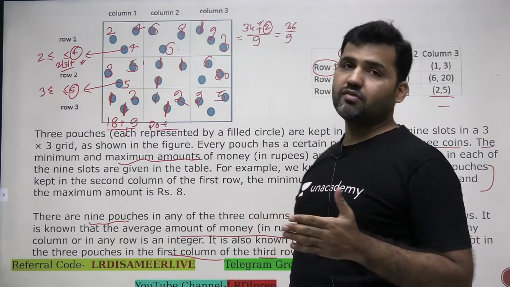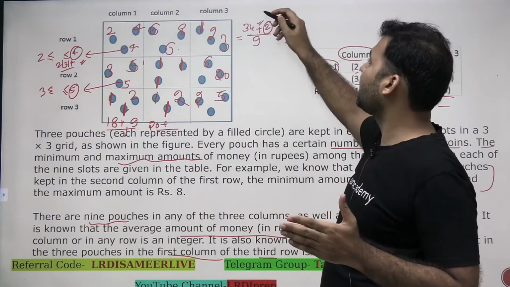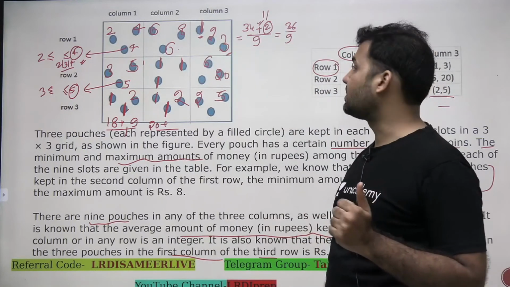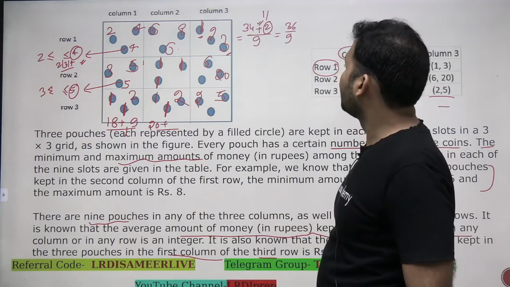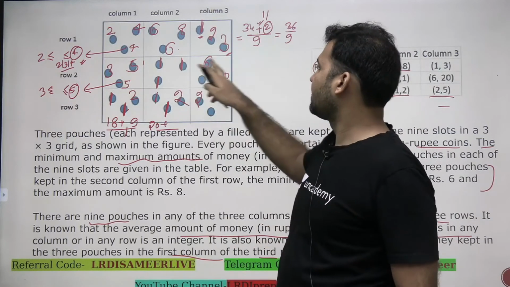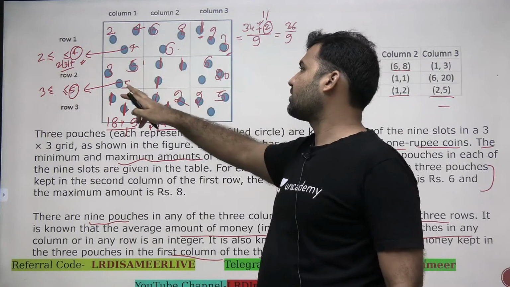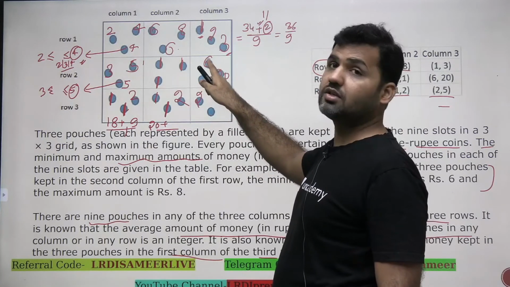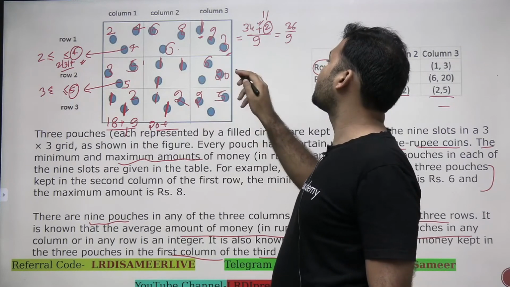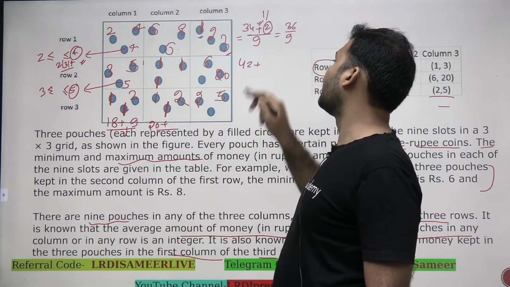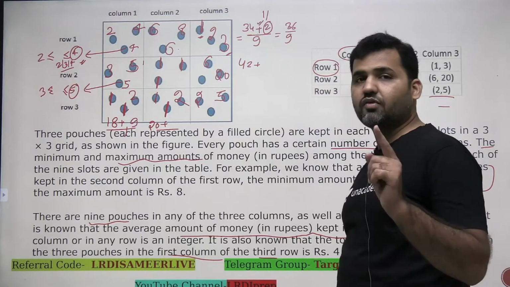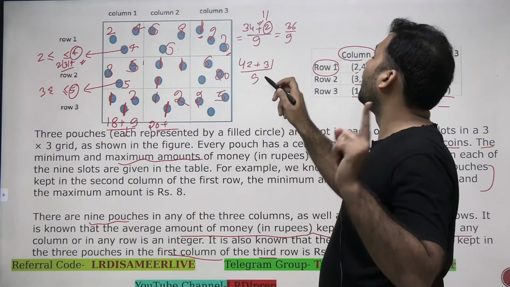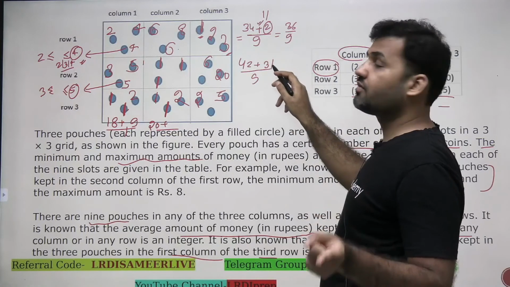Why not 45? Why don't you take it as 45? Why can't I put 11? See that you need to look at the minimum and the maximum number of coins here, right? Now if you look at this column, this row, 5 plus 5, 10 plus 3, 13, 13 plus 3, 16, 16 plus 6, 22, 22 plus 20 would be 42. A number which is greater than 42 and a multiple of 9 can be 45 or it can be 54 also.